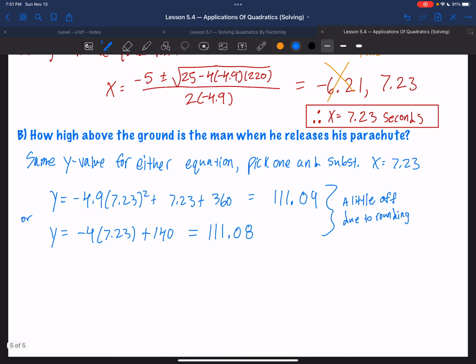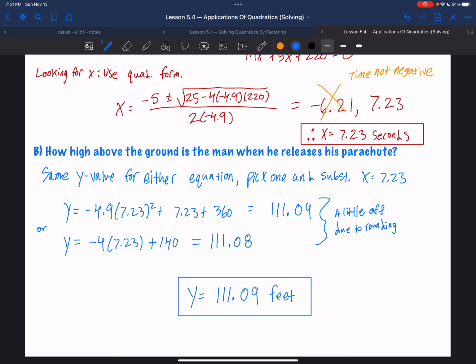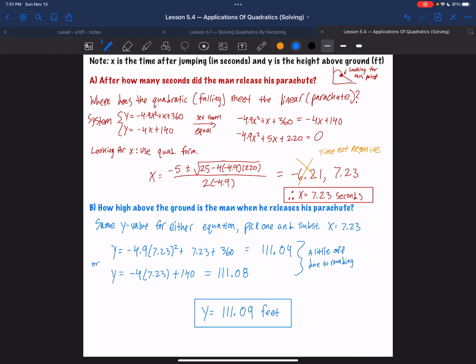So let's just pick one: y equals 111.09 feet. It's an accurate enough estimate. It's a 0.01 difference. It's not a big deal. And there you go. That's all I had to do was plug that in. But it's an important thing to model. Make sure you know, because you might say, wait, how do I do that?